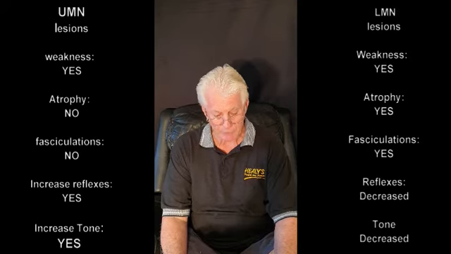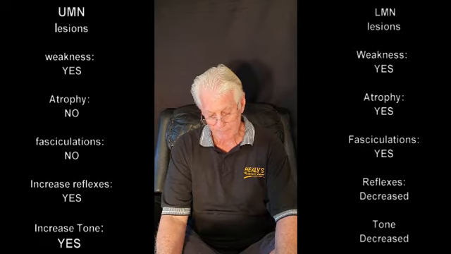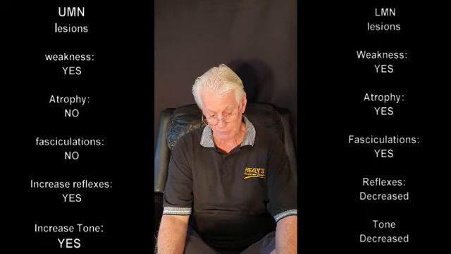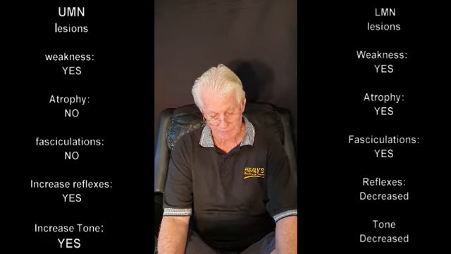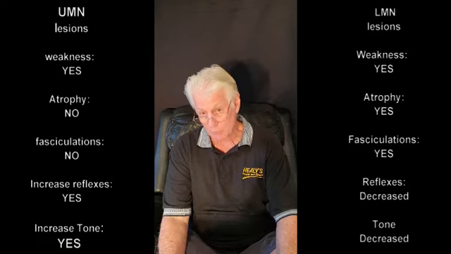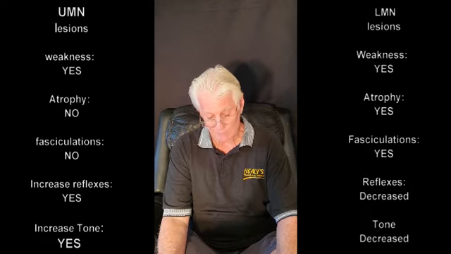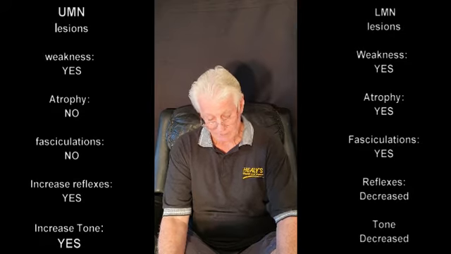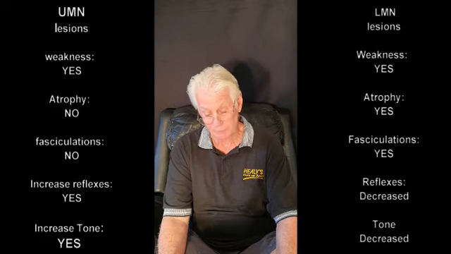Anyway, that goes on to explain a little bit more, but in the table below, table 6.4, comparing upper motor neuron lesions with lower motor neuron lesions, basically we see that in upper motor neuron lesions, the reflexes and tone of the muscles are increased, and in lower motor neuron lesions, they're decreased. So reflexes increase in the upper motor neurons, and tone is increased as well. The lower motor neurons are decreased in both reflexes and tone.